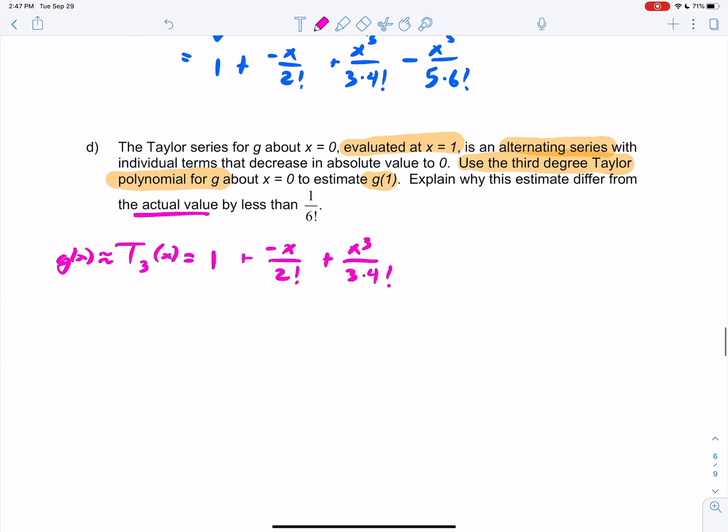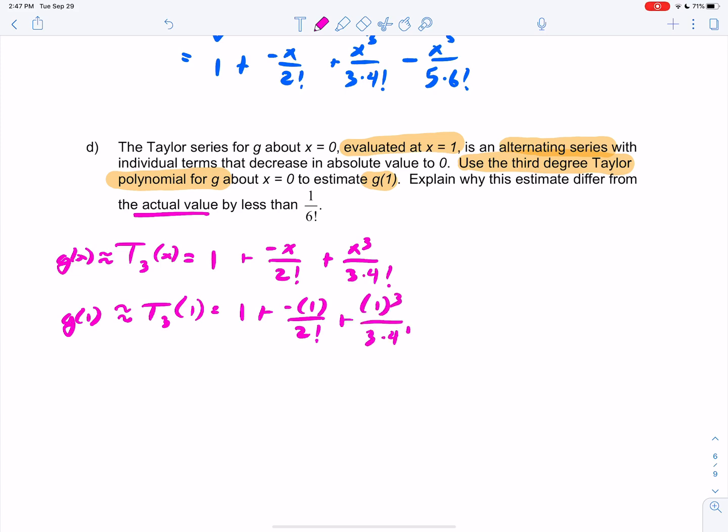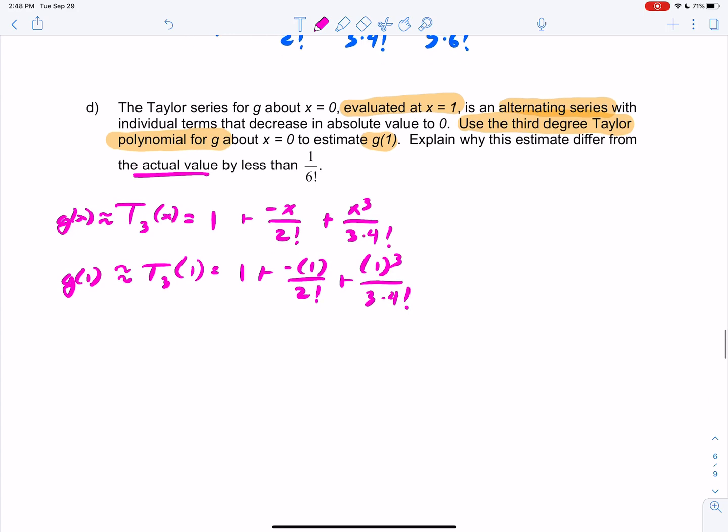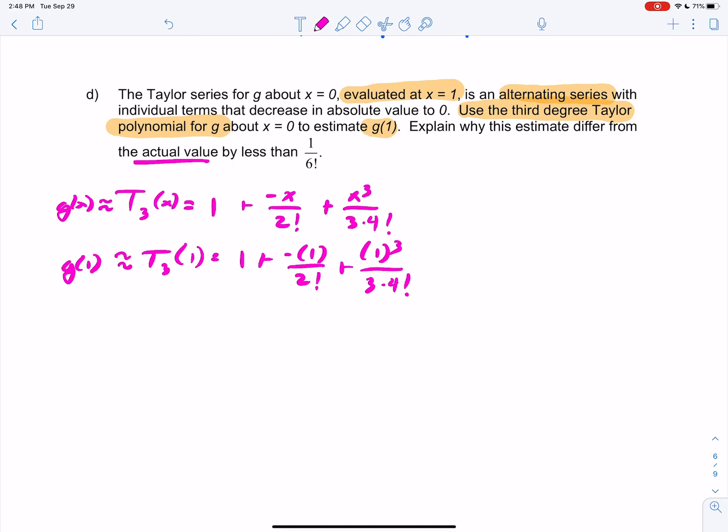Here we want to estimate g of 1. So g of 1 is going to be the third degree Taylor polynomial at 1. So we're just going to plug in 1. This is a non-calculator question, so I'm going to leave it as is. Explain why this estimate differs from the actual value by less than 1 over 6 factorial.